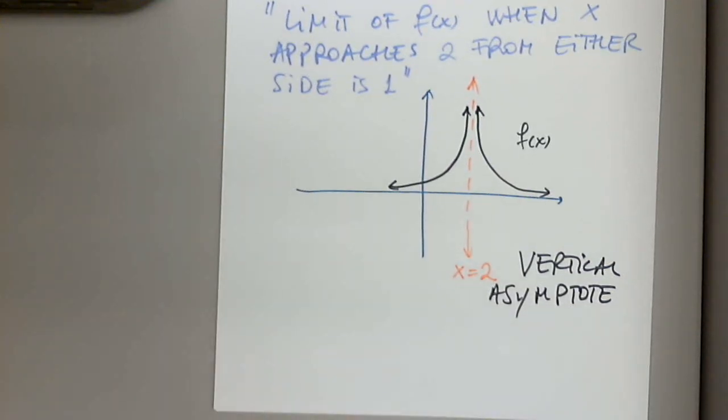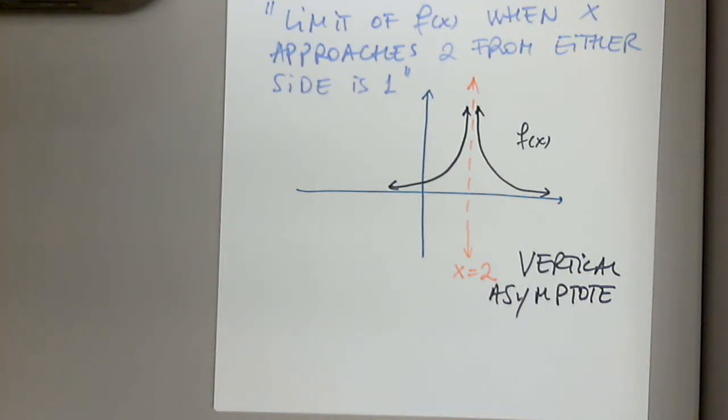The function is undefined when x equals 2. Therefore, that is a vertical asymptote, but only if one of the two sides goes to at least 1, goes to infinity, or negative infinity, or like this.